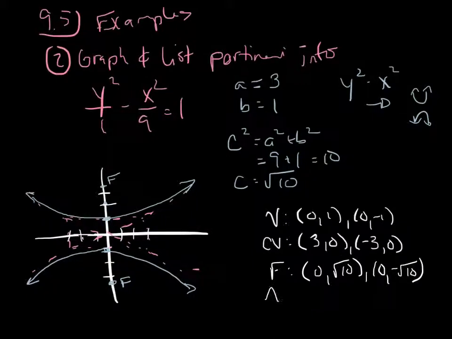And then your asymptotes, that's y is equal to positive b over a, 1/3 x, or negative b over a. Remember, it goes up 1, so from here we go up 1, right 3, and that's your slope of that line. From here we go down 1, right 3, so that's the slope of that line. Those are your asymptotes. We've graphed and found the pertinent information.